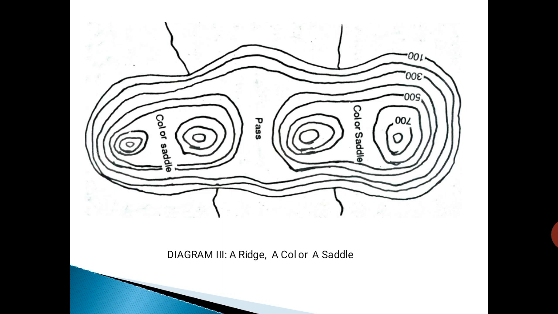And so these are the features. A pass that we are seeing on this diagram is a gap on any highland that is not too high for a road to pass through. When a road passes through such a gap, it is called a pass.